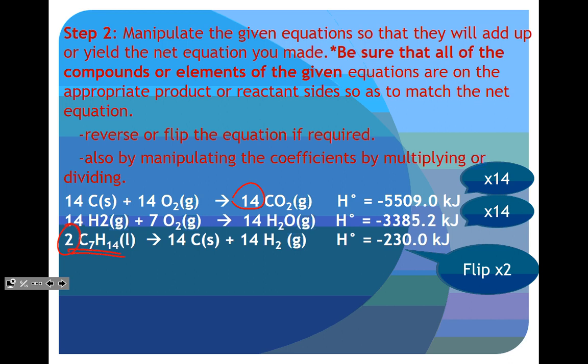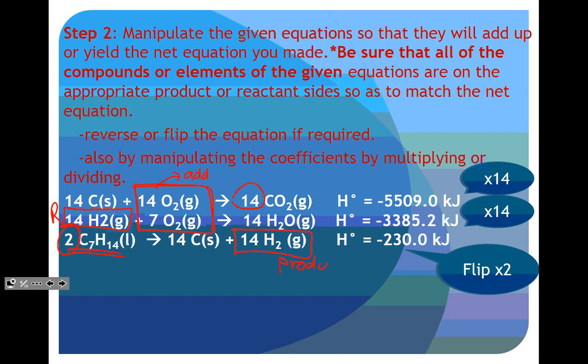So now that you figure all this out, sometimes what you have to do too is multiply things just to get rid of things, and this will all make sense in a bit. And also here, notice how these 2 oxygens are both in the reactant side. If they're both in the reactant side, these are added. You add the coefficients. Now notice how I have 14 hydrogens on the reactant side, and then I have 14 hydrogens on the product side.